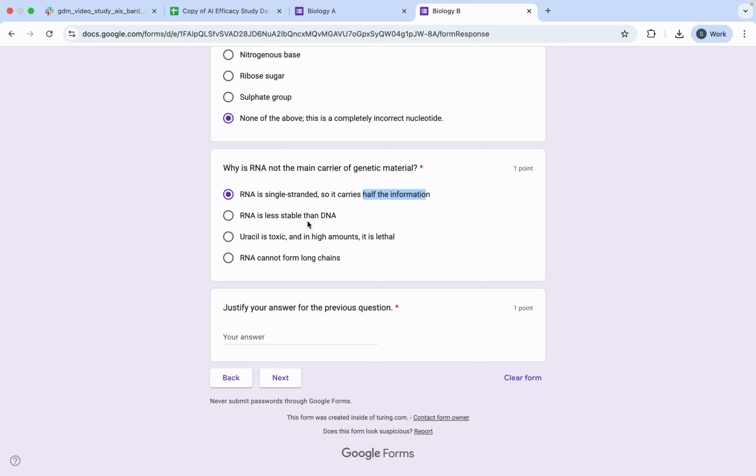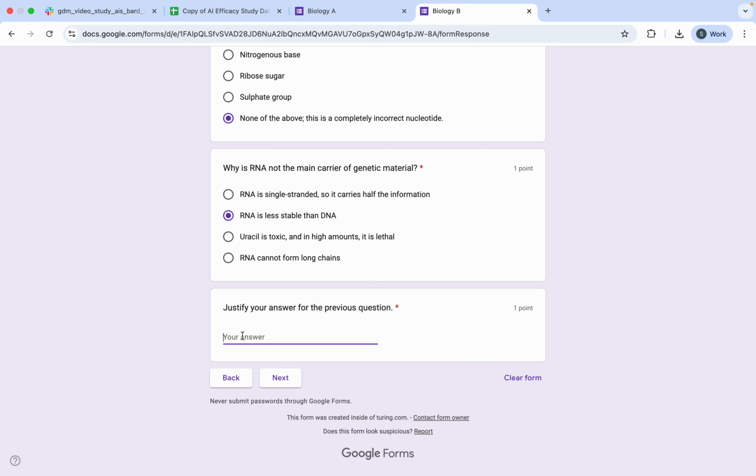Uracil and long chains also seem invalid. So I will go for this: RNA is less stable than DNA.